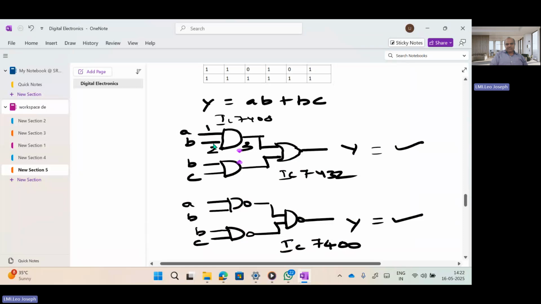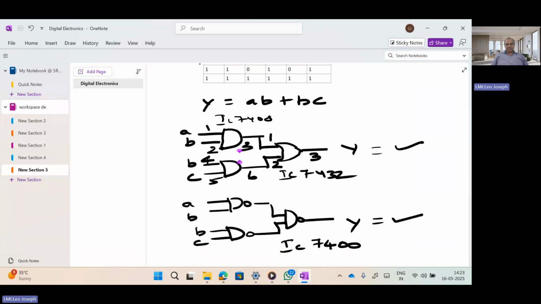The first pin and second pin are direct inputs. The third pin is the output that should be connected to the first pin of the IC7432. That is important. This is connected to the first pin. Here the second pin and this is the third pin. This is the fourth pin, fifth pin, and sixth pin. This is the connection criteria we are having.